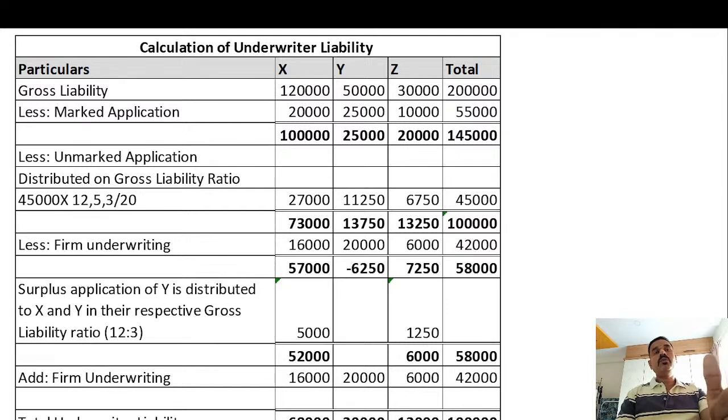Then you have to know the underwriter liability on a value basis also. Here we are calculating on the basis of shares. In one question solved in my other classes, you have to calculate the underwriter commission and adjust it with their liability. So please go and watch that question also. Okay. Next problem.